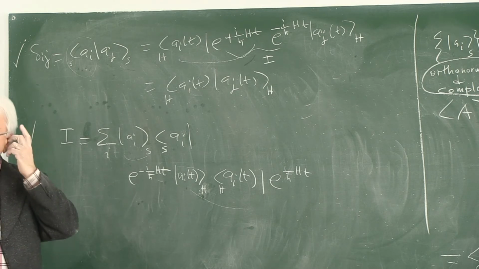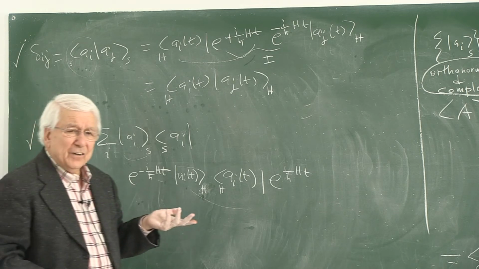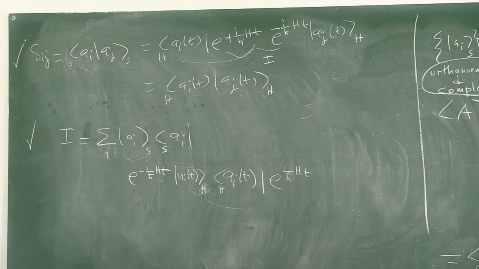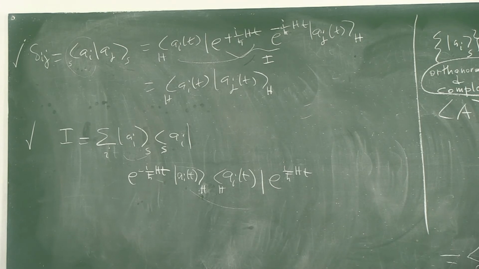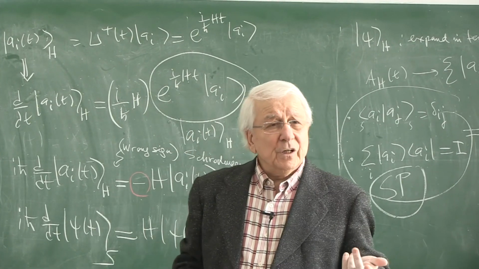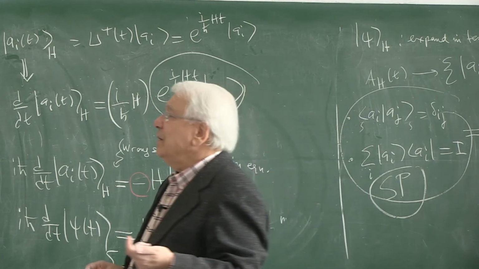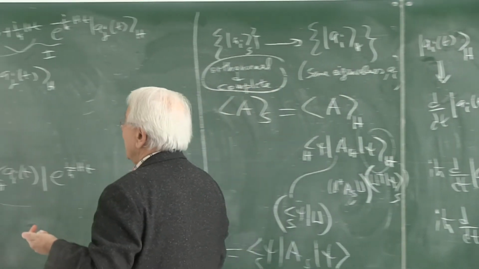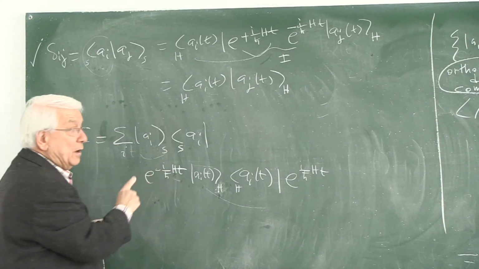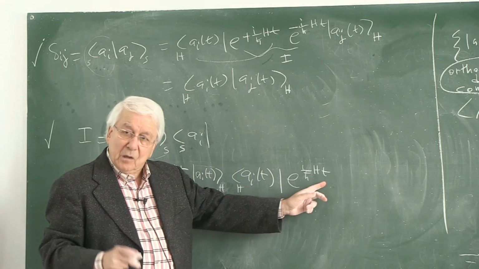The argument is, in principle, if A and H have no relationship, then the argument is rather tough. But if you take A to be an operator commuting with H, so that they can have common eigenvectors, which this argument needs, then these become e to the i, a pure phase, a number, and this becomes e to the i over h bar Ei, a pure phase with the numbers.